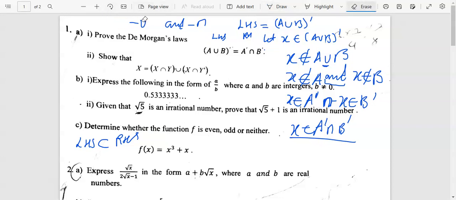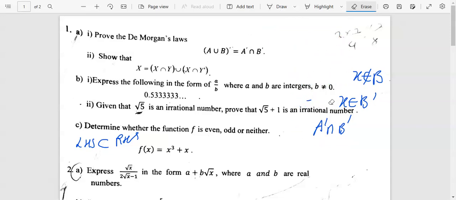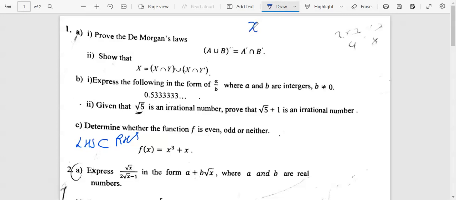Okay. After you show that, now we are going to go on the right hand side. So on the right hand side also I'm going to say let x be a member of A complement intersect B complement. What does this mean?